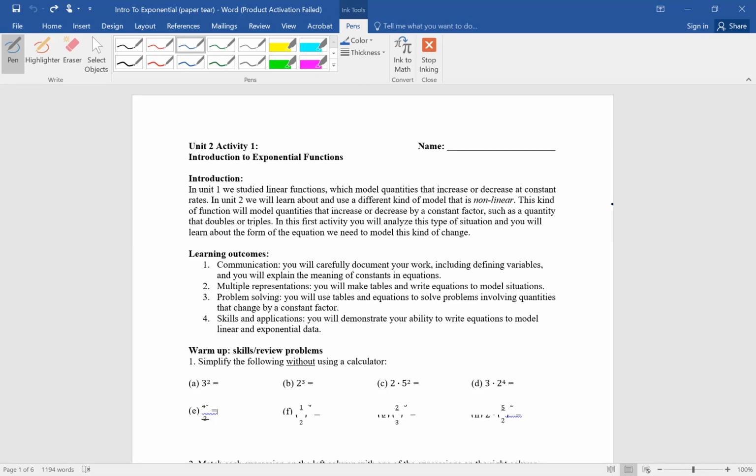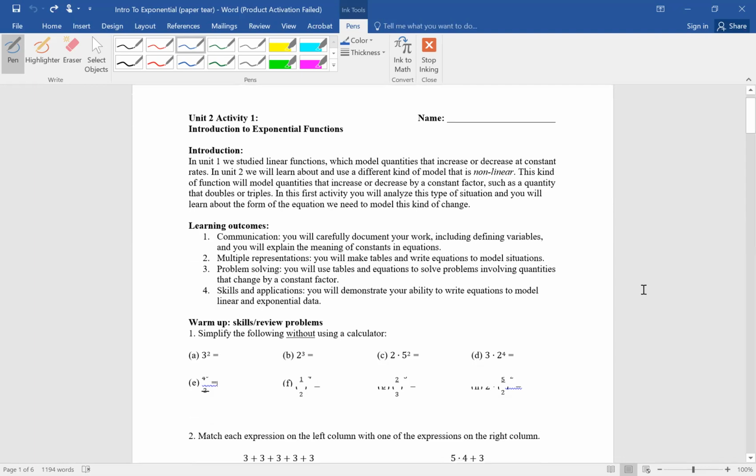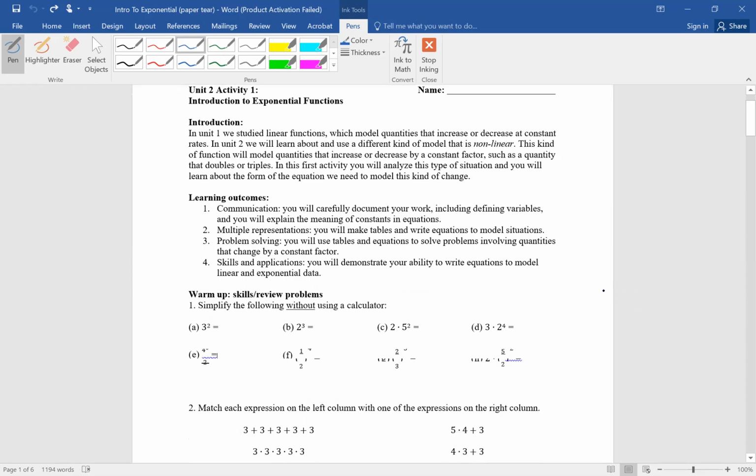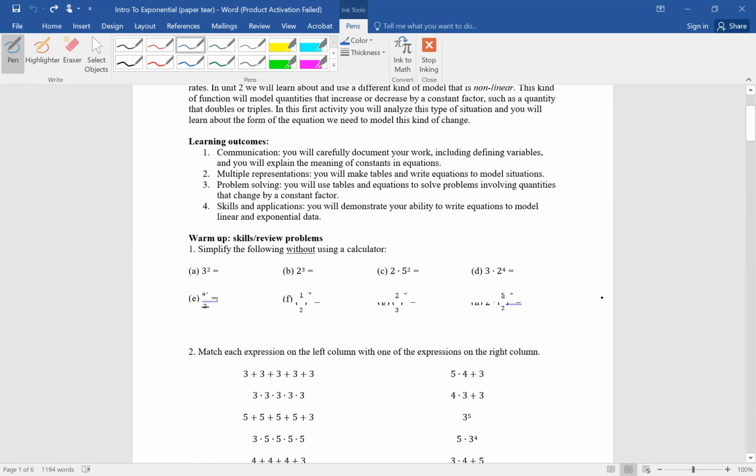So before we get going, let's just warm up a little bit. The warm up problems didn't really come out all that well on the document here, so we'll only do a couple of them. But remember, from our exponents that we've already done, for part A, if I ask you what 3 squared is, that's just really 3 times 3. You should almost laugh and say, well, that's 9, that's a piece of cake.